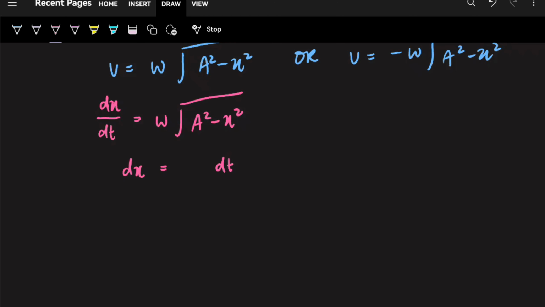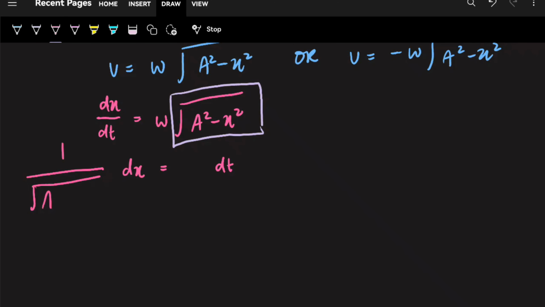So we know this entire thing is in terms of x, so what we can do is bring it over. So what will we get? We will get 1 divided by square root a square minus x square. Then the omega just stays here because it's a constant.